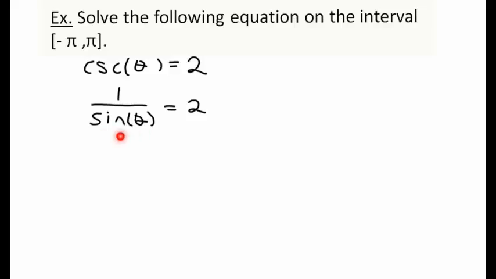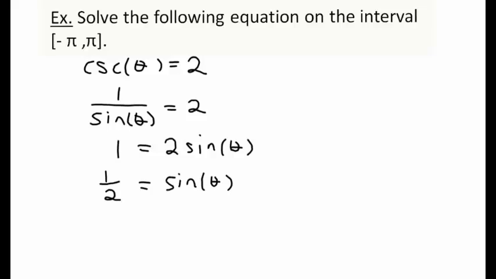Next, since we have sine of theta in the denominator, we can multiply both sides by sine theta to get 1 is equal to 2 sine of theta. And then we can divide both sides by 2 to get sine theta is equal to 1/2.